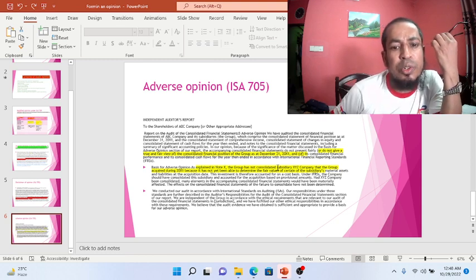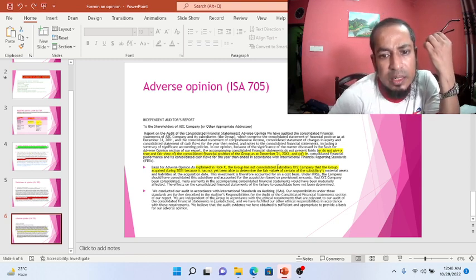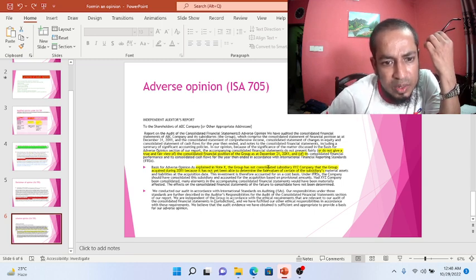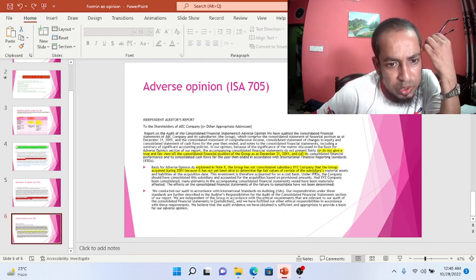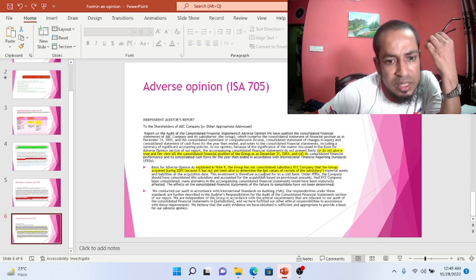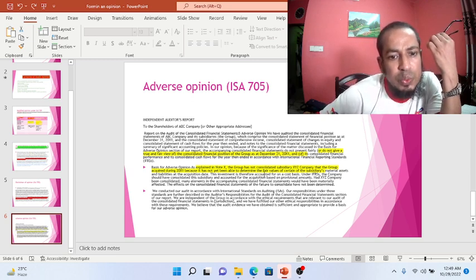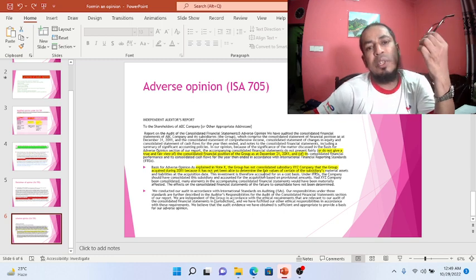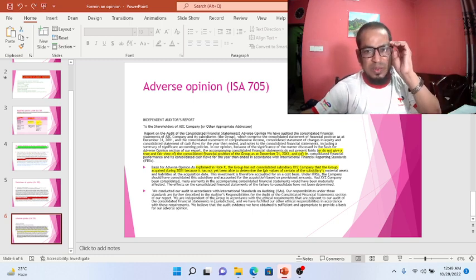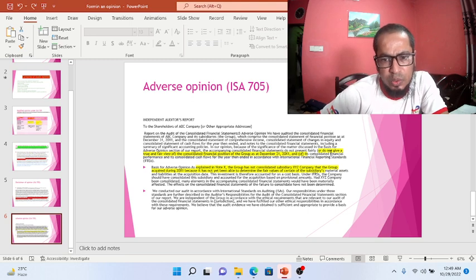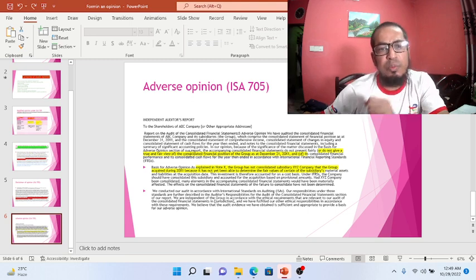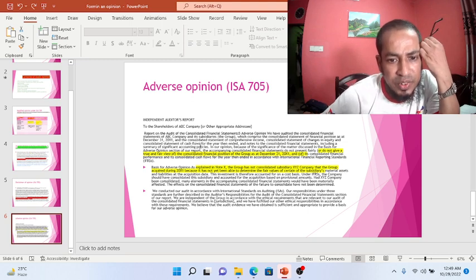If a group auditor finds that in consolidation a subsidiary, or any part or segment, has not been recorded at fair value, in this case they can issue an adverse opinion, stating that the statements do not give a true and fair view of the consolidated financial position. So this is the matter of adverse opinion.